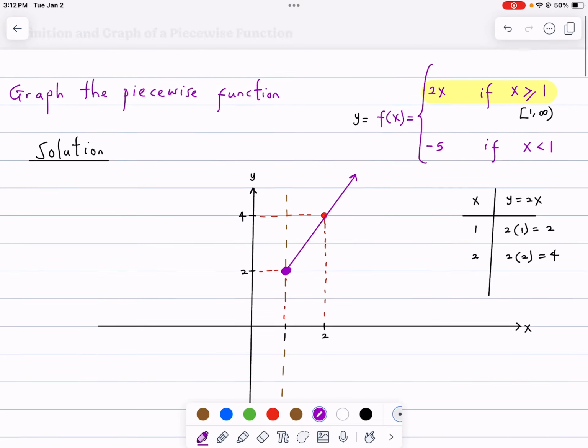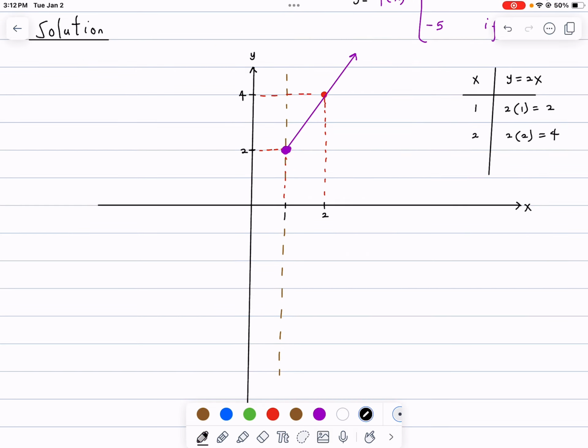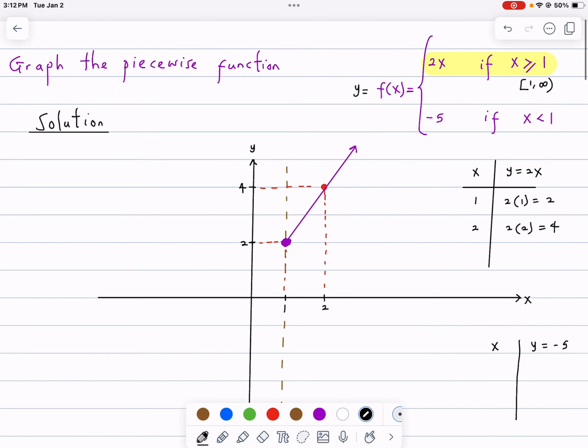Now the second part, which is y is equal to -5. So I'm just going to do the same thing. When y is equal to -5, this is defined for x strictly less than 1.